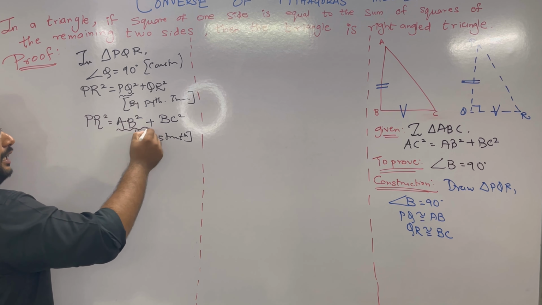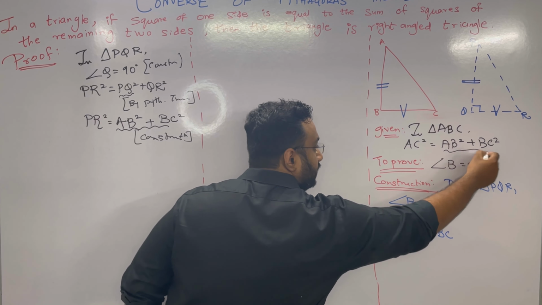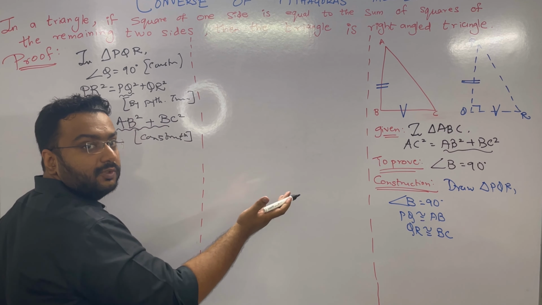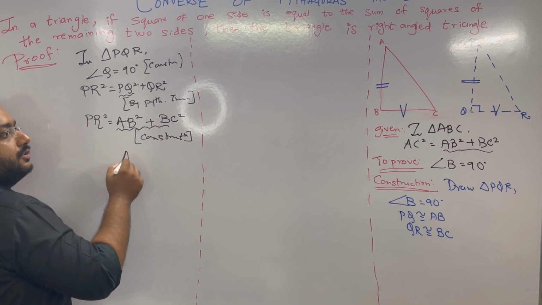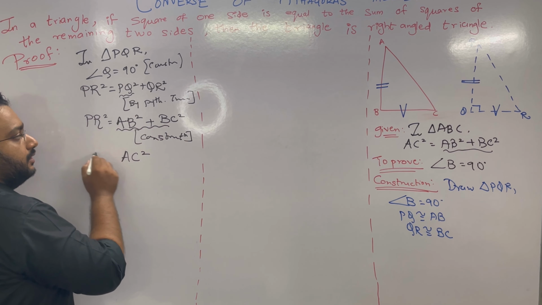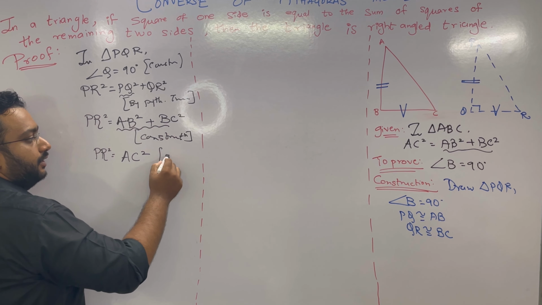Now observe here, AB square plus BC square. This we have already written in given. Remember in given we wrote AC square is equal to AB square plus BC square. So instead of AB square plus BC square, we can write AC square, and the left hand side is as it is. Reason for this will be given.